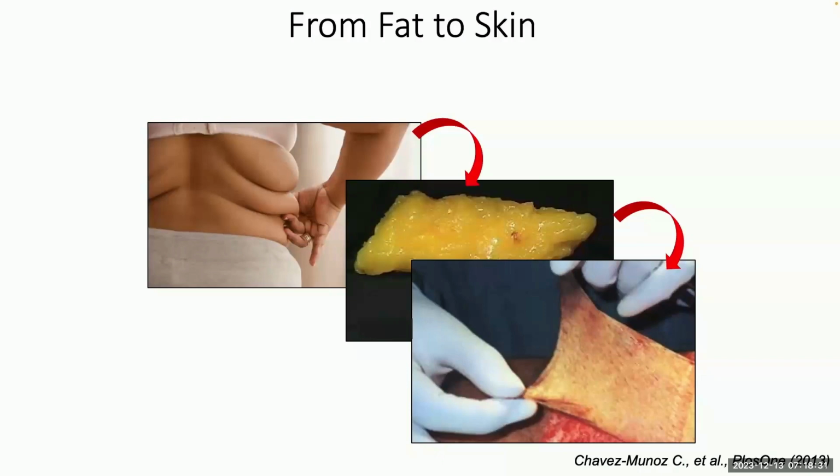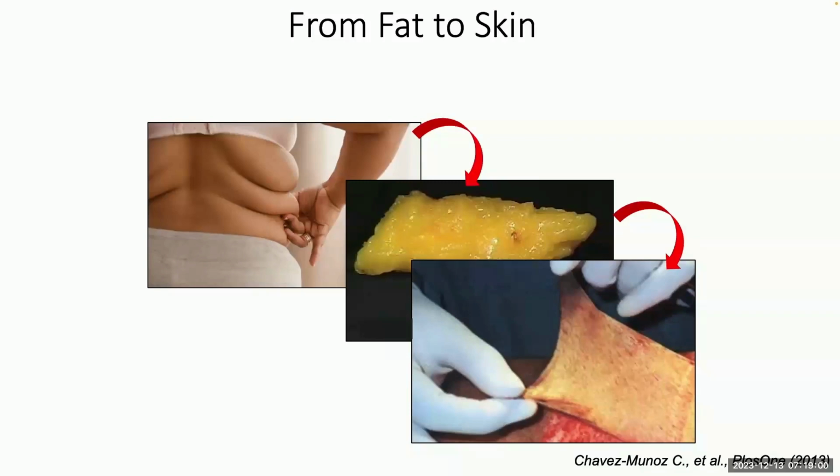In plastics, you get a lot of fat, and the fat tissue is usually discarded in the OR. As a matter of fact, fat tissue yields 5 times more stem cells than bone marrow. Instead of getting a piece of bone marrow and getting some of those cells, why don't we use the fat that is usually discarded in the OR?